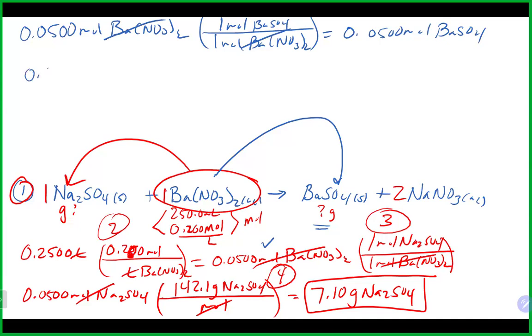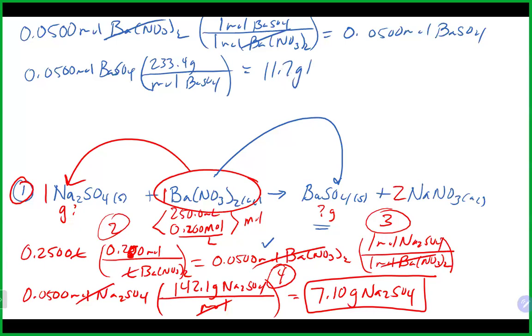So taking this here, using the molar mass from the periodic table, 233.4 grams per mole of barium sulfate. And that's going to get us roughly 11.7 grams of barium sulfate would be produced.